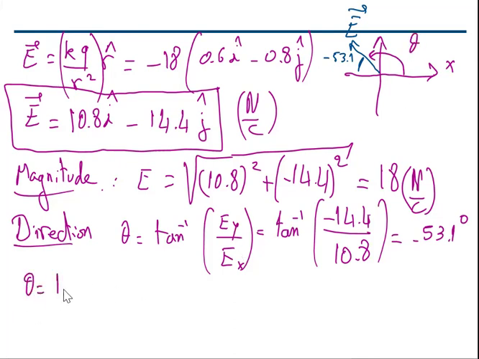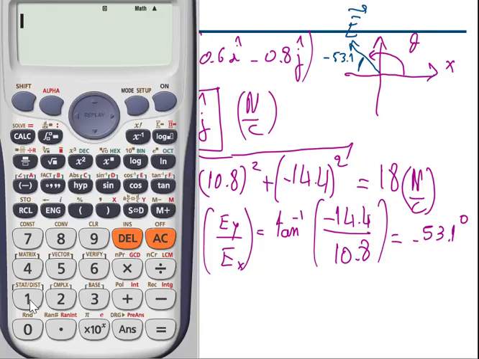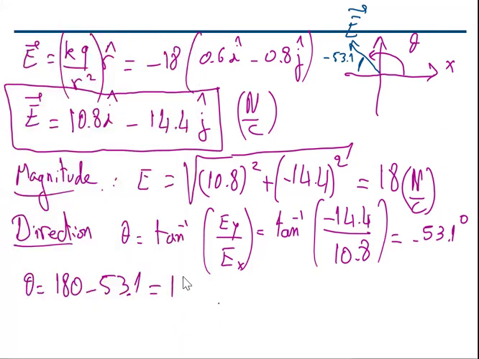Theta should be 180 minus 53.1, so the result is 126.9 degrees. Good. So we are done with this example.